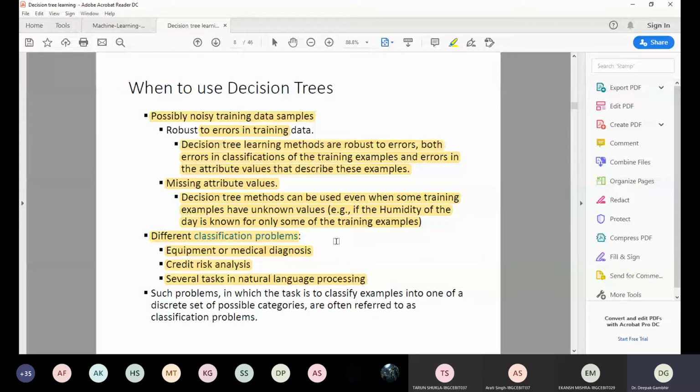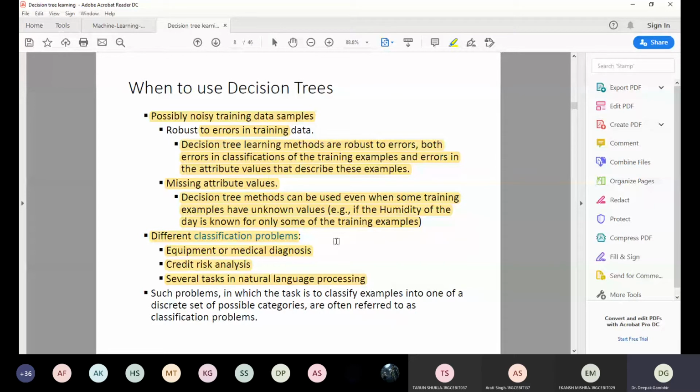Suppose you provide input in Hindi, then in natural language processing it will automatically learn that the input is given in Hindi. That is a classification problem that can be easily solved with the decision tree, because on the basis of input, it will be able to decide what input you are giving, and it will tell that currently it is in Hindi and you want to convert to which language.